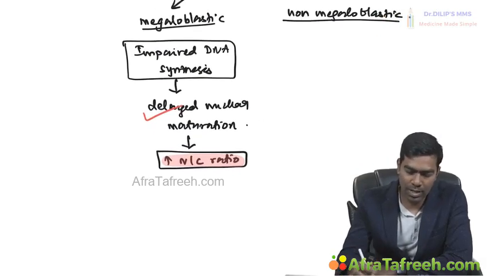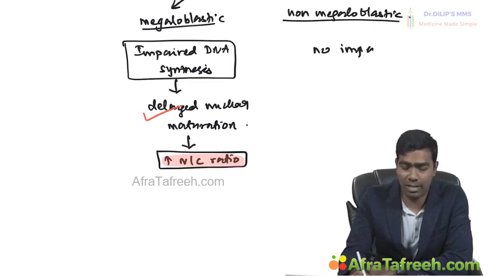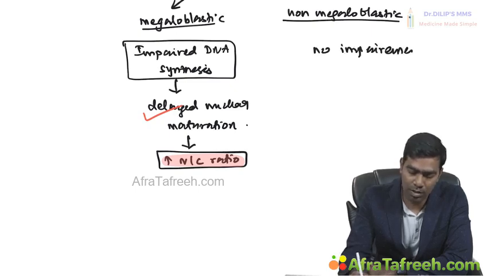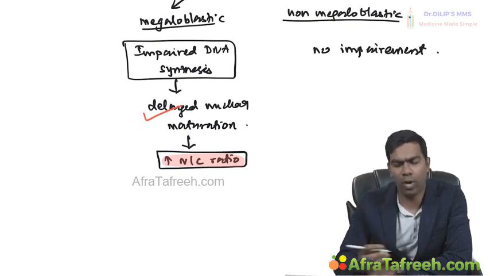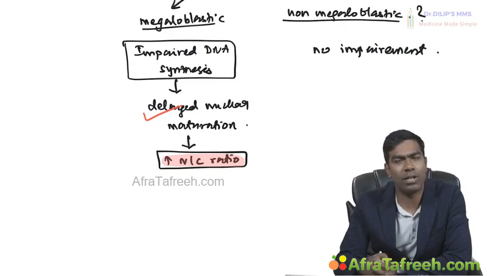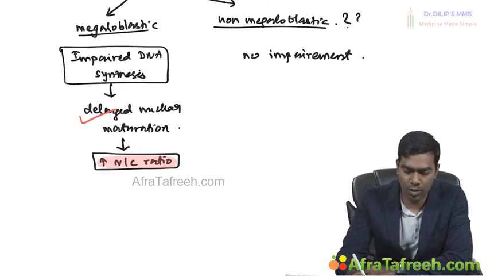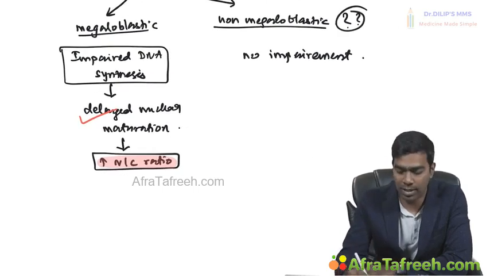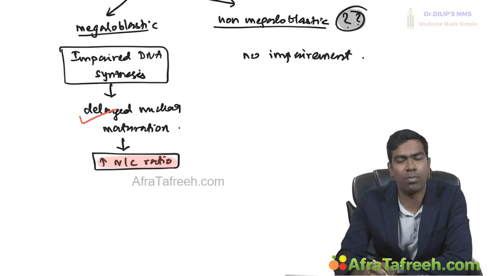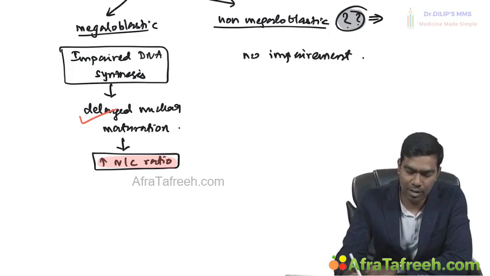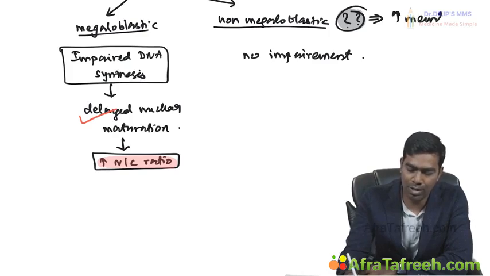Whereas in non-megaloblastic macrocytosis, there is absolutely no impairment of DNA synthesis. But why do you get macrocytosis in non-megaloblastic causes? We really don't know the real reason. But there are some theories, like excessive membrane lipids, probably due to redundant membrane.